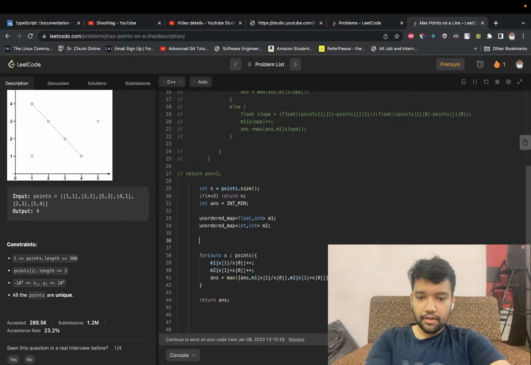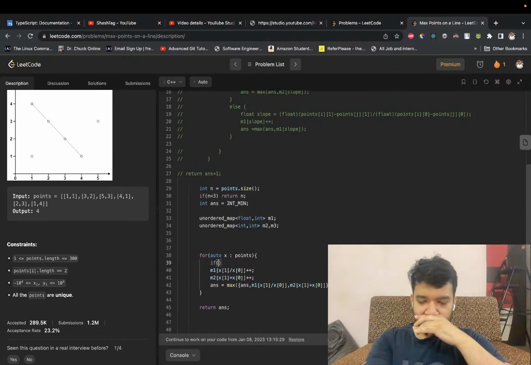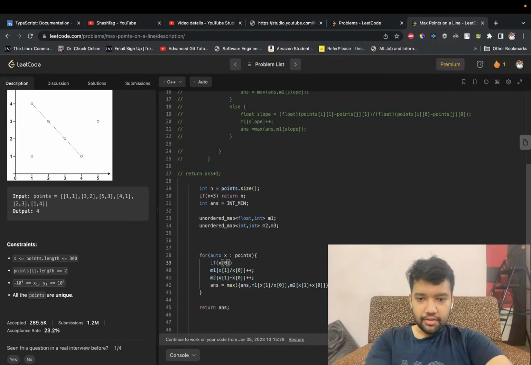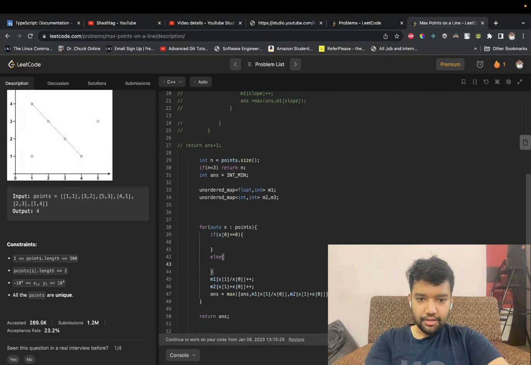and let's make an M3. If x of 0 is equal to 0, in that case what we'll do is we'll do all this.